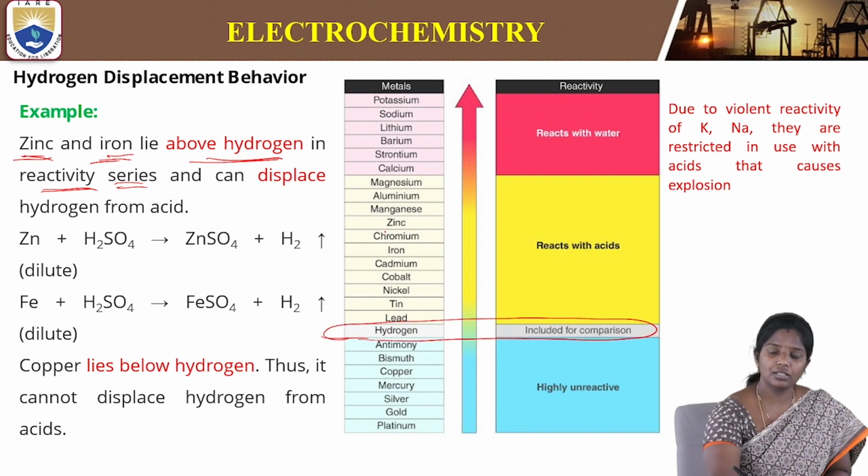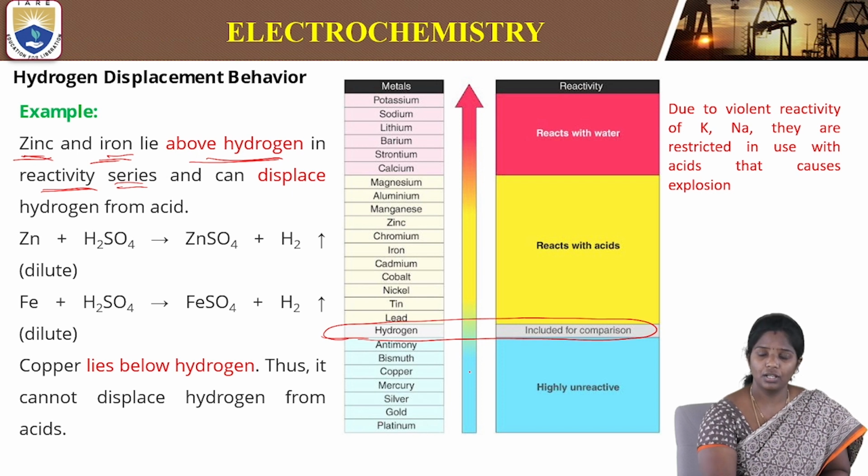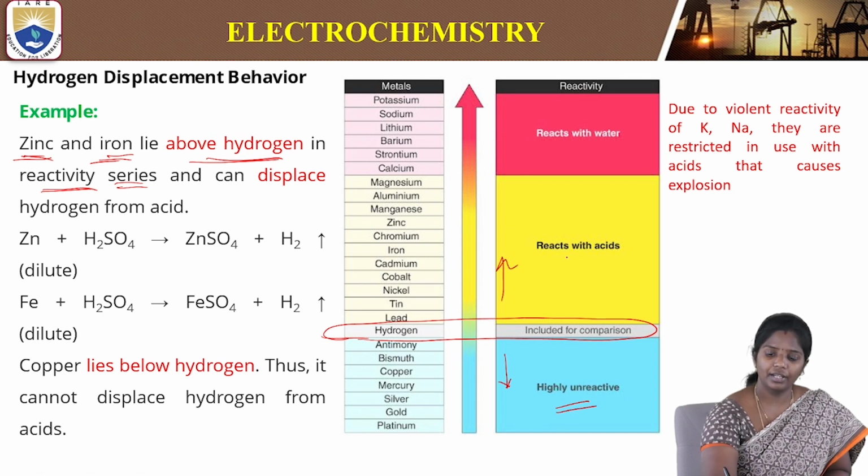There are some metals above and below hydrogen. Below hydrogen, the metals are unreactive. Above hydrogen, they react with acid and react with water.